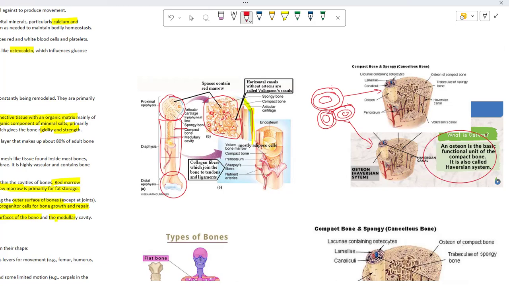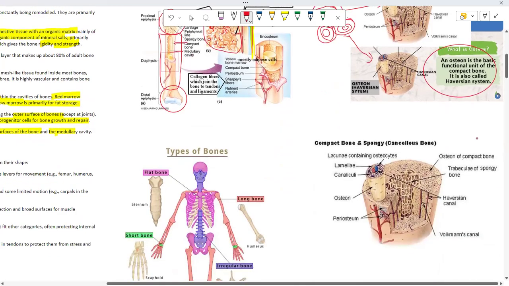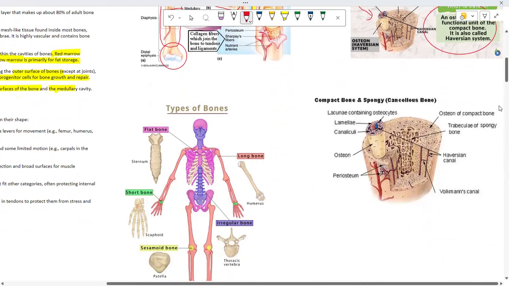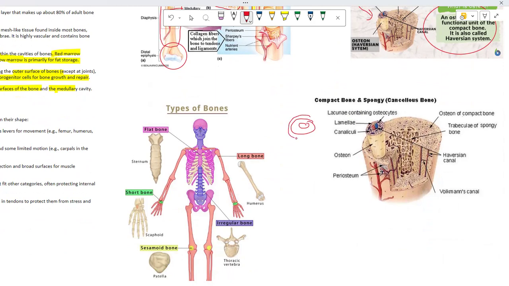So if you put so many osteons together, you have the bone, right? So what does the osteon consist of? It consists of what we call the lamellae. The lamellae are the concentric rings. Okay, that's the lamellae.